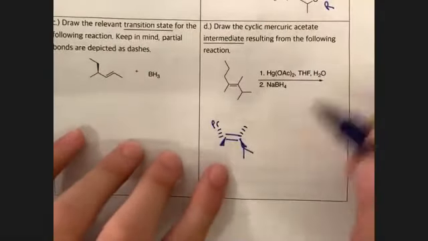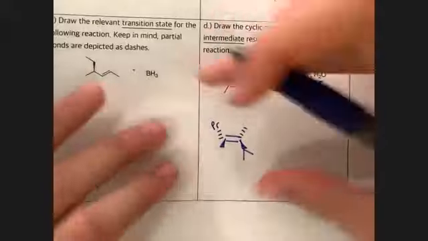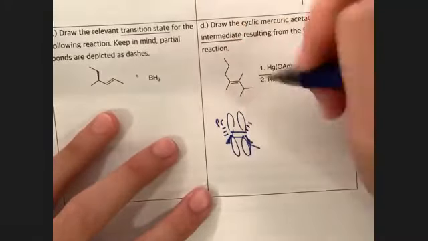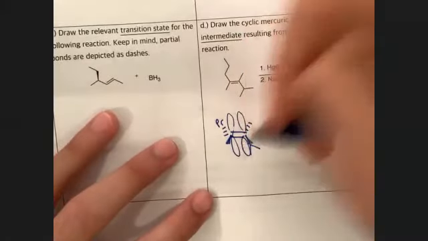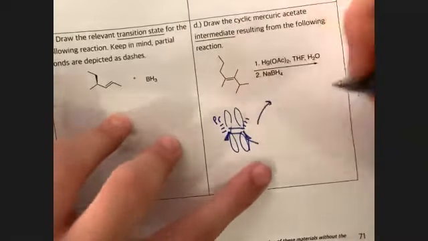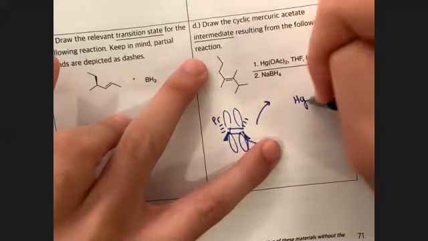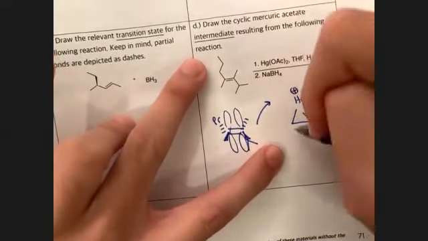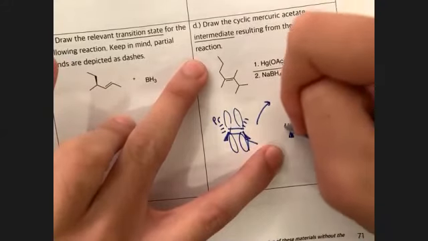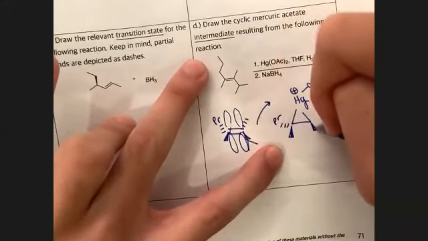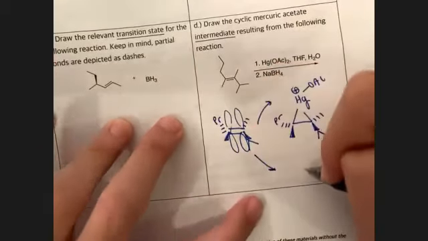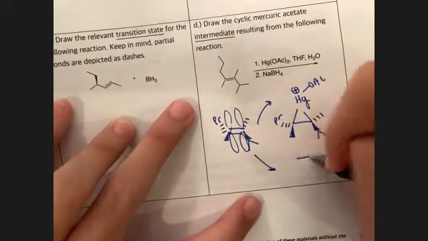So your mercuric acetate bridge can approach from the top face. Remember, I'm just going to draw these p orbitals. You can either attack from the front face or the back face. So let's say I attack from the front face. That's going to result in a structure that looks like this. Or I could have attacked from the bottom face, and that would have resulted in a structure that looks like this.